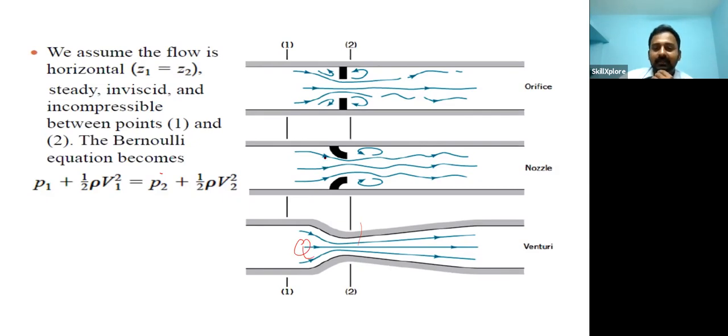The next thing is nozzles. Nozzles are used to convert the pressure energy into kinetic energy. Here also we can calculate the flow rate using this nozzle application.